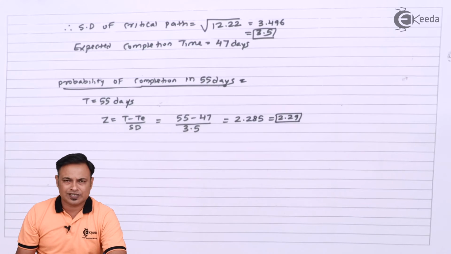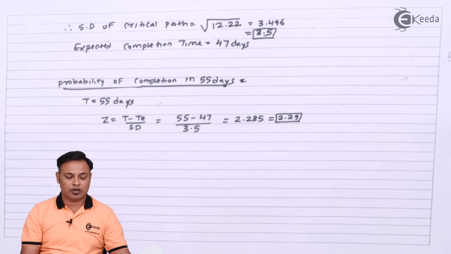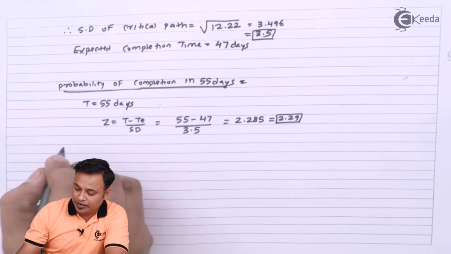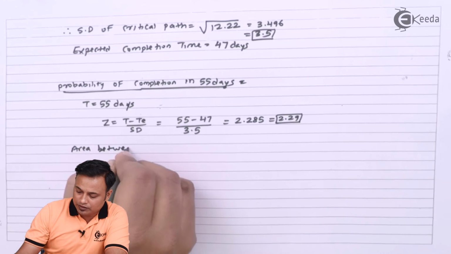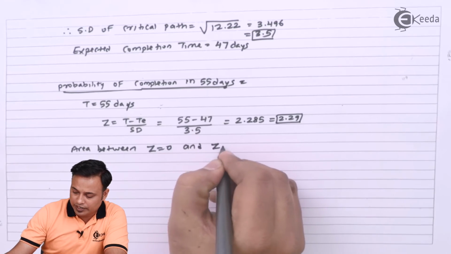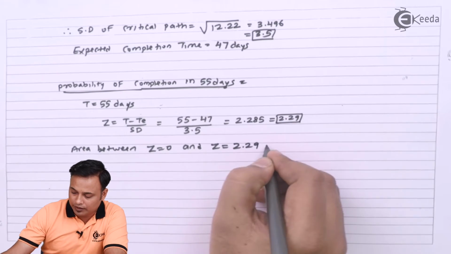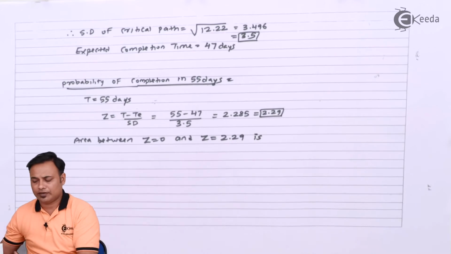So 2.29 is my z value, and now I have to look in the z table or the normal distribution table to find out the area between z equals 0 and z equals 2.29. So my z is 2.29.